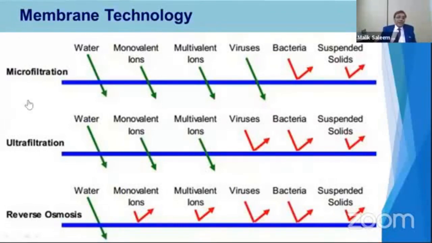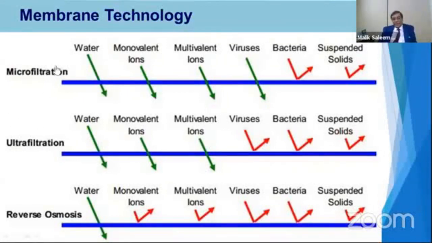Microfiltration membrane, just see. As I have told you, all membranes have different pore sizes, and you can see this in the microfiltration, ultrafiltration, and RO membranes. When we install the microfiltration membrane, it's like a sieve. You just visualize that in your mind.